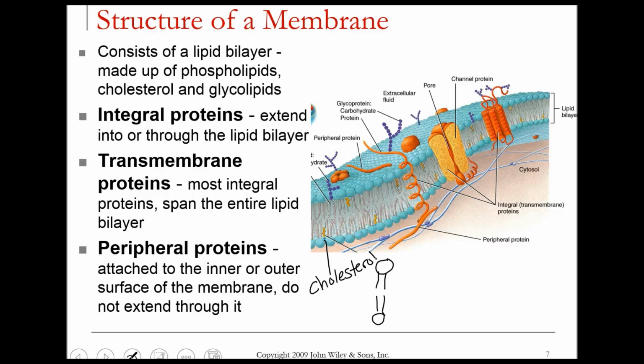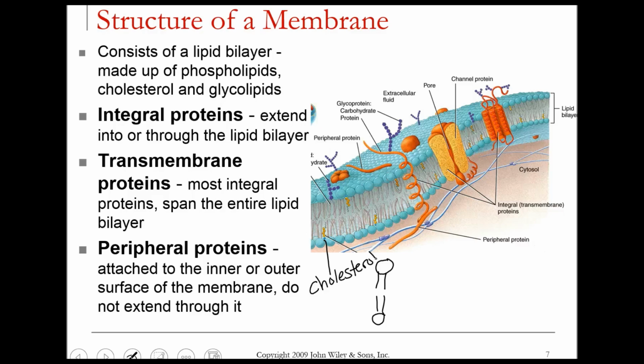It adds a little bit of stability to the cell membrane. So that forms the phospholipid bilayer, and the cholesterol forms the liquid portion of the fluid mosaic model of the cell membrane. Now we can see the proteins that are embedded in this liquid.